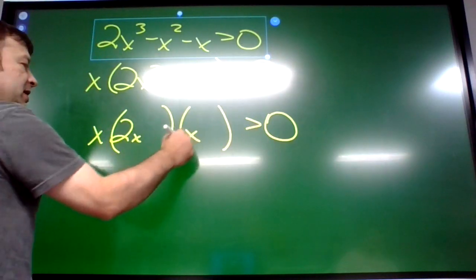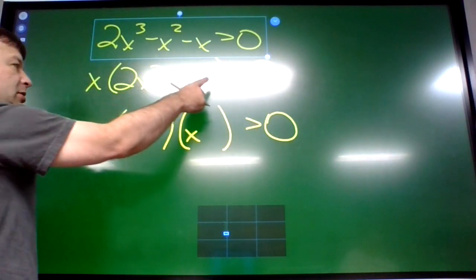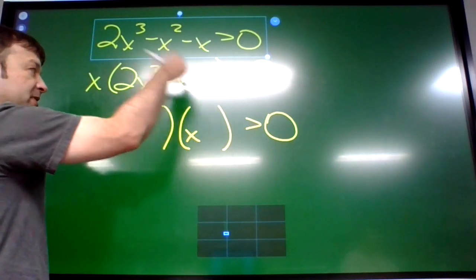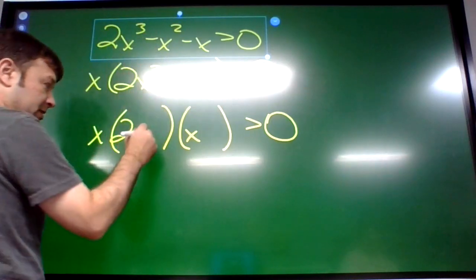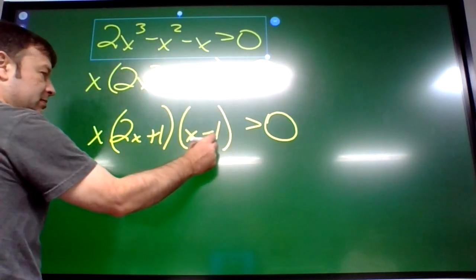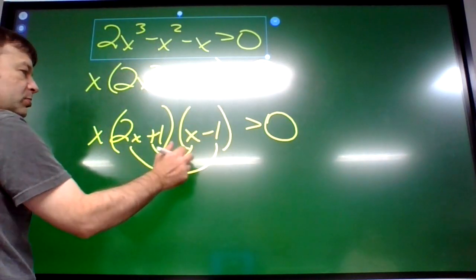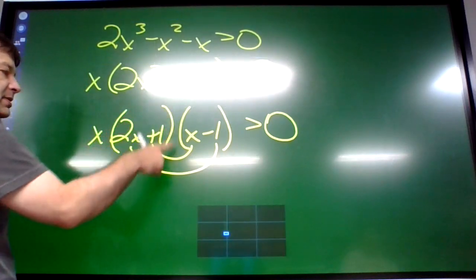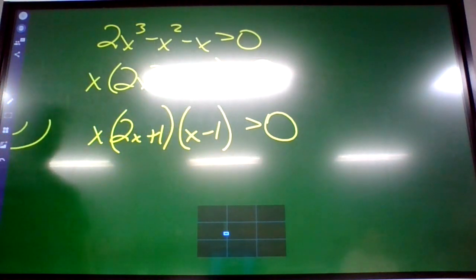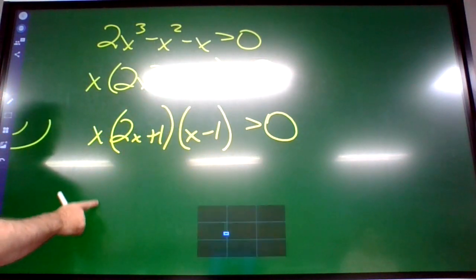So 2x times x goes into x squared. What goes into -1 is 1 times -1. So that'll be -2x plus 1x, which gives us that.